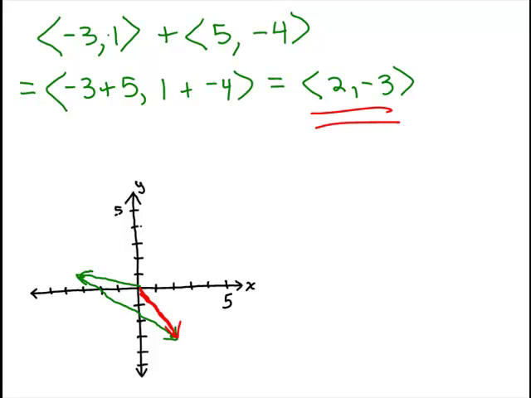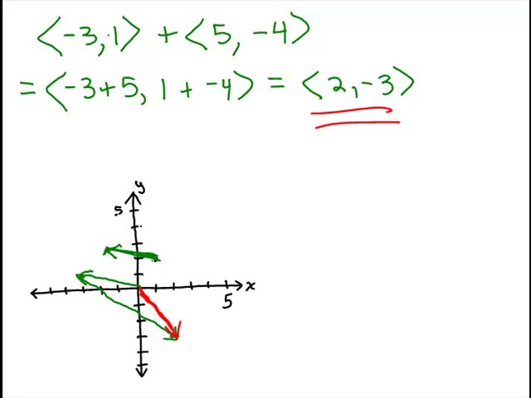What if you would have started the first vector somewhere else? You really don't have to start at the origin. You could say, okay, I'm going to start somewhere else. How about if I start right here? Let's do negative 3, 1. So we're going to go over negative 3 and up 1. Okay, there we go. There's the first vector.